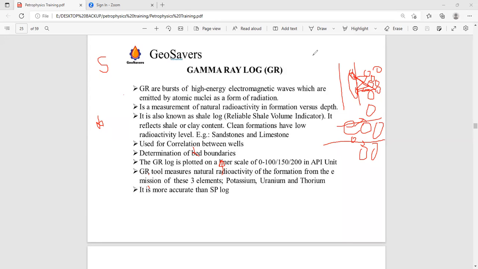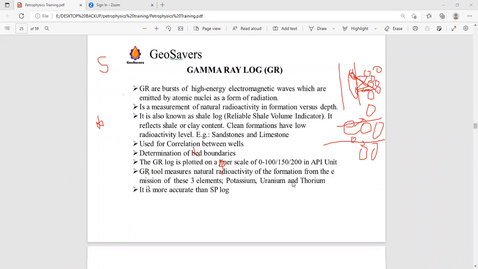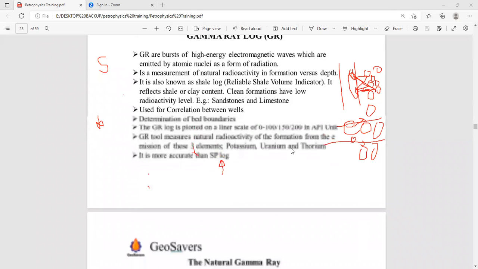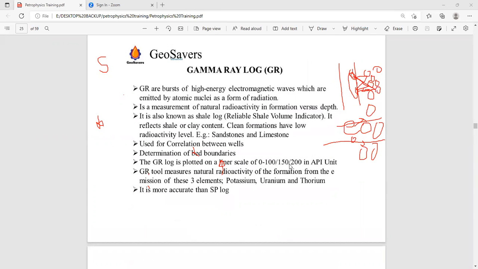That's why we said it is also a measure of porosity. When we start the practical section, you will realize that the density and the neutron log are under the porosity log. So this is the general idea of what the density log is.